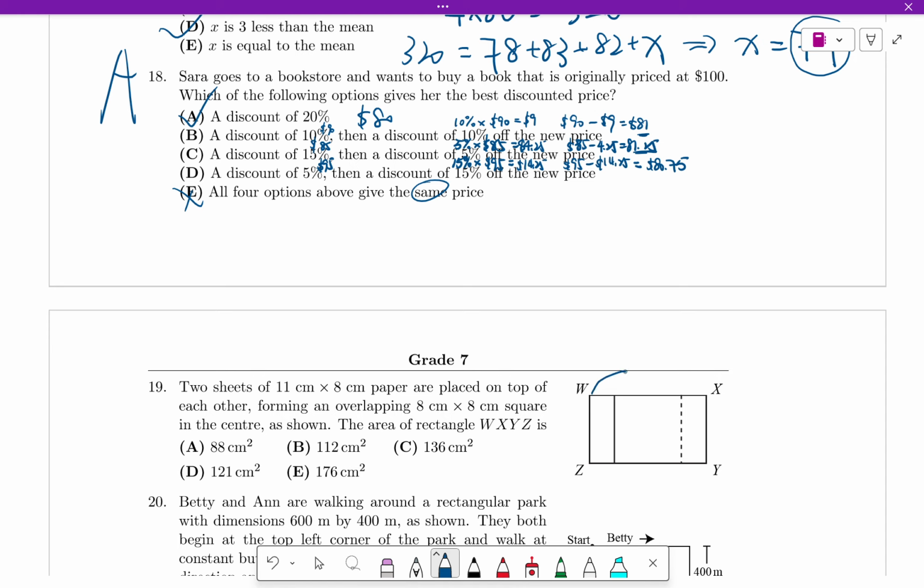So the area would be 11 times 8, plus this extra, which is 3 times 8. So we would have 88 plus 24, which is 112 centimeters squared.